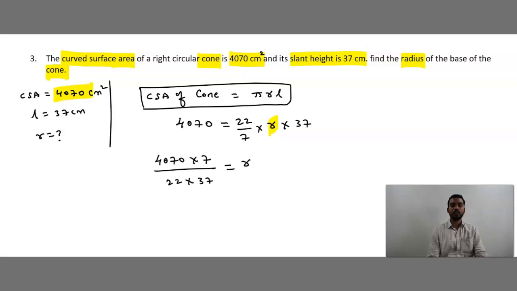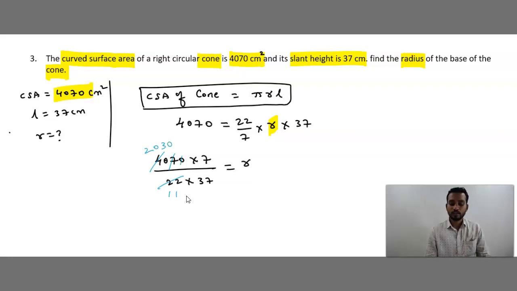Now we want to cancel the terms. 4070 into 7 divided by 22 into 37. Let me cancel. 2 ones are 2, 2 ones are 2, 2 twos are 4, 0, 2 threes are 6, again this 0 as it is, right?